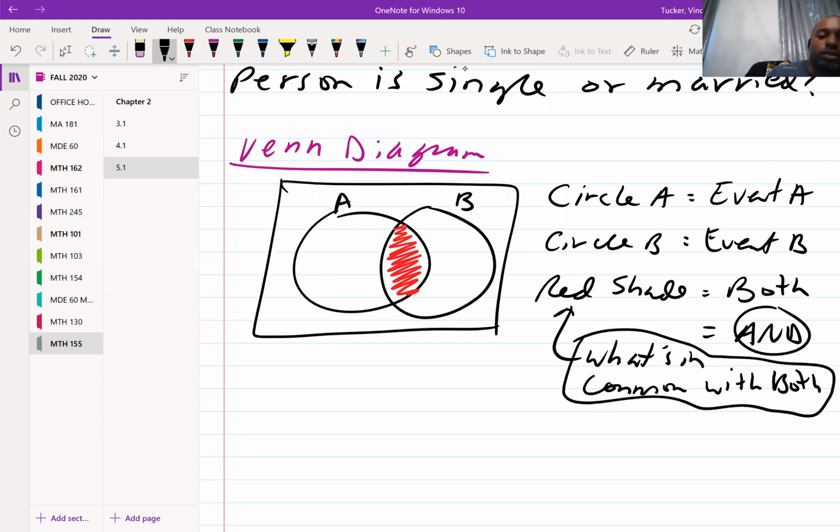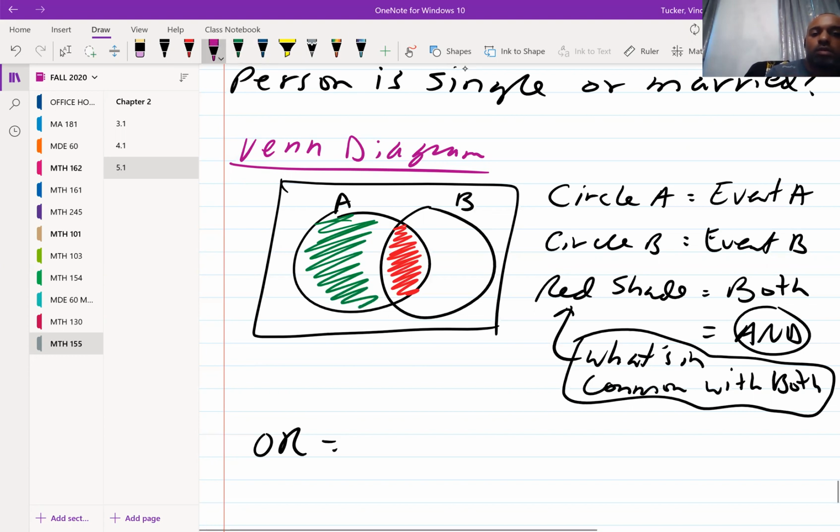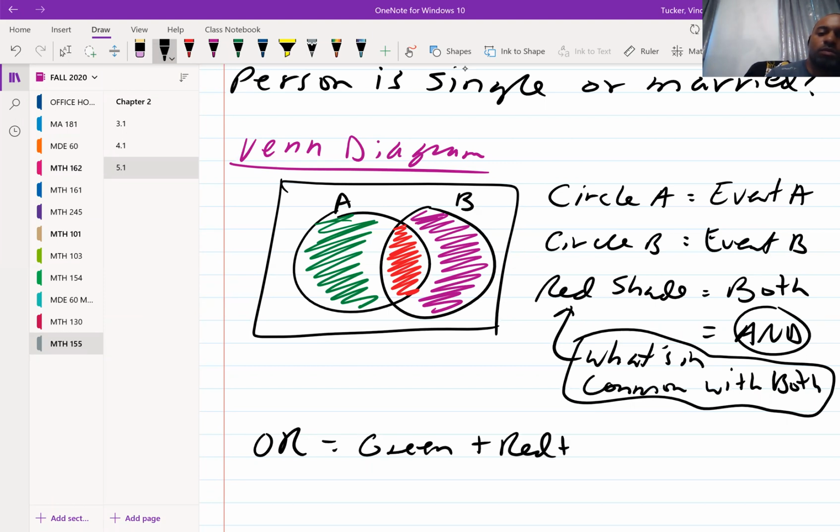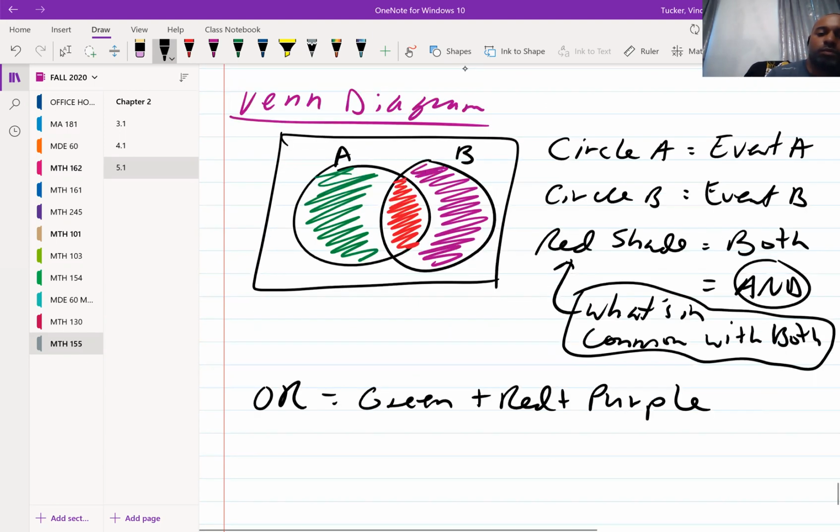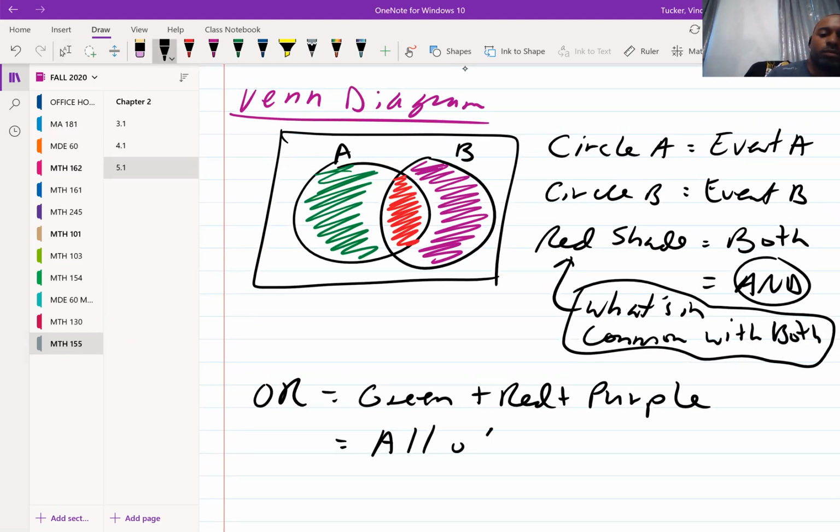Now, as far as "or" is concerned, "or" will represent the green, the red, and the purple.